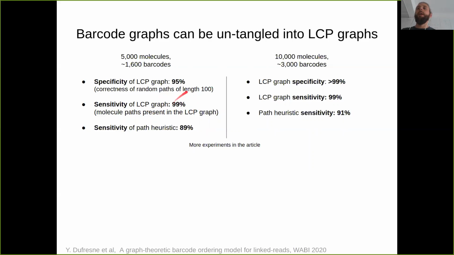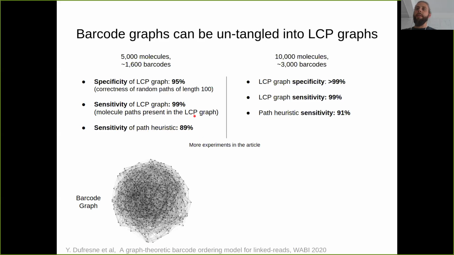So here we can reconstruct at most 99% of the original genome. And finally, the sensitivity of our heuristic is how much of the original path our heuristic reconstructed. So we reconstructed with a naive heuristic almost 90% out of the 99 possible.